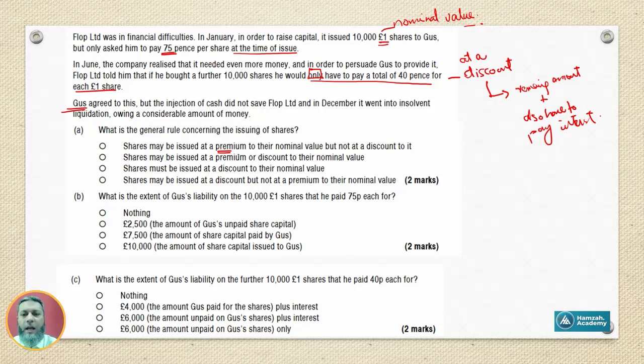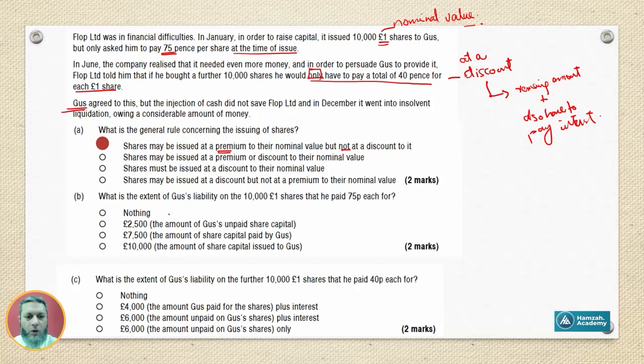Discount is not allowed, and if there is a discount, then the receiving party, the shareholder, will have to pay the amount as well as the interest. So the first one is correct. Shares may be issued at a premium to their nominal value, but not at a discount.